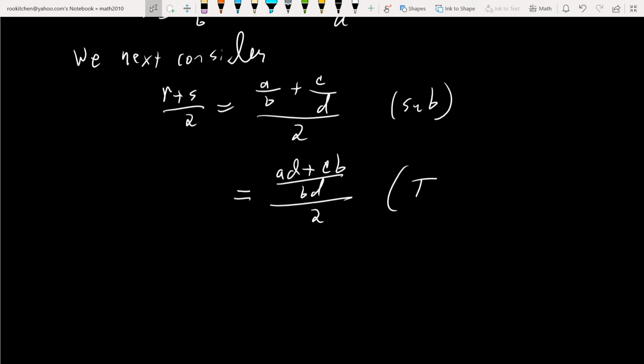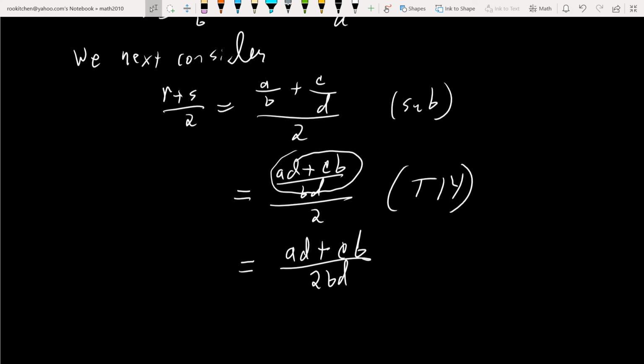I think that's axiom T14. Then there are axioms for dealing with these complex fractions, which is basically multiplying by reciprocals. So you end up with 2 times BD, because I multiply by the reciprocal of 2, times 1 over 2, and you end up with 2BD in the denominator. Okay, so that's axiom T16.